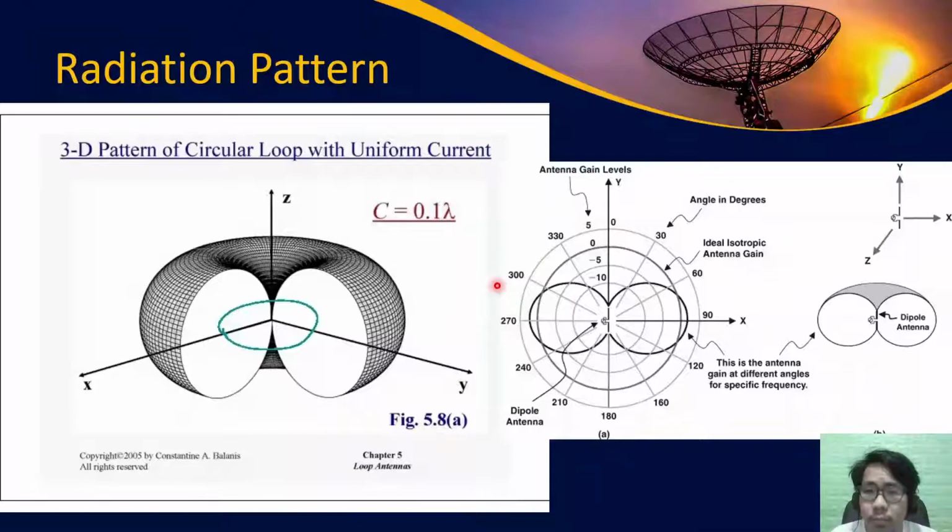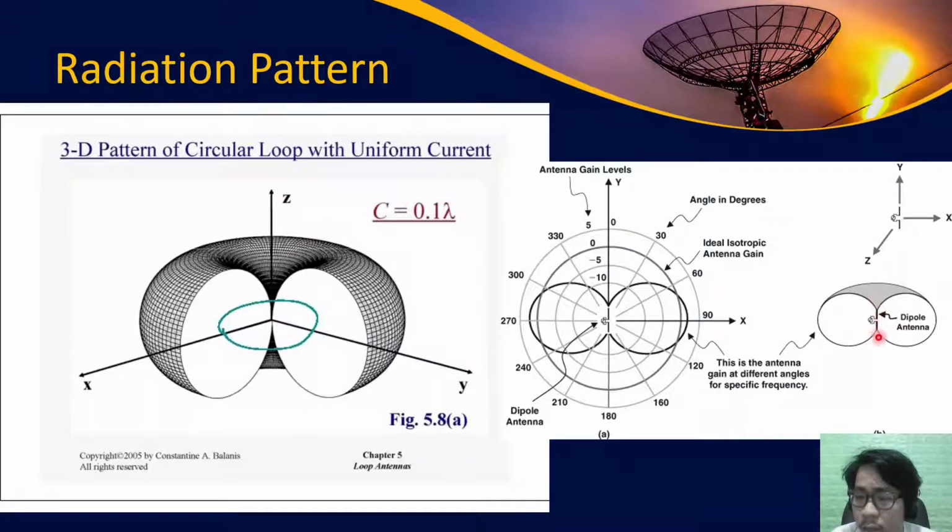And here, as you can see, we can compare the loop antenna and the half-wave dipole antenna. Actually, they have the same polarization or direction of the electromagnetic signal propagation. For a horizontal loop, we have a horizontal propagation, and for the antenna here, we can also have a horizontally polarized antenna.